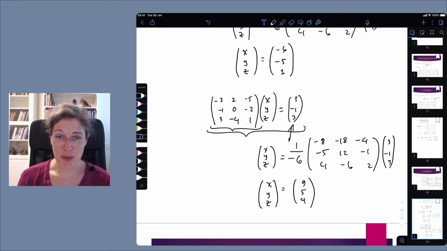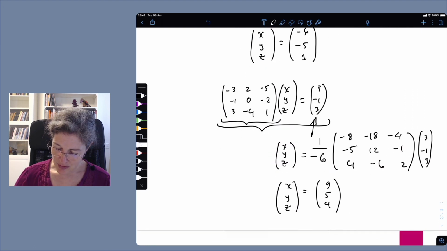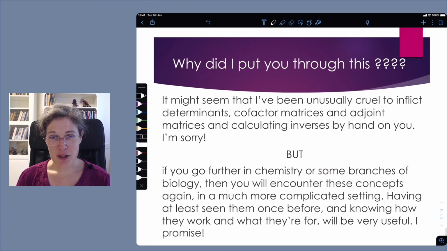Obviously, in the real world, computers find the inverses for you, but understanding what is going on, that you're using the determinant, that not all matrices have inverses, is pretty important. So just to finish up a little bit, why did I put you through all this? Because you're probably feeling like this was cruel and unusual, this determinants and cofactors and all this stuff. Well, the reason I did it is because if you go on in chemistry or some branches of biology, you will encounter these concepts again, and they will be used, but they'll be in quite a complicated situation.